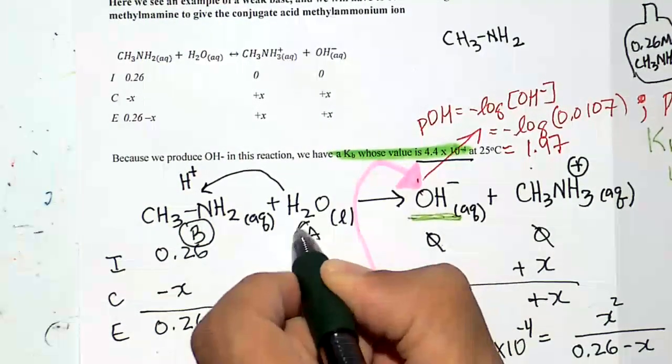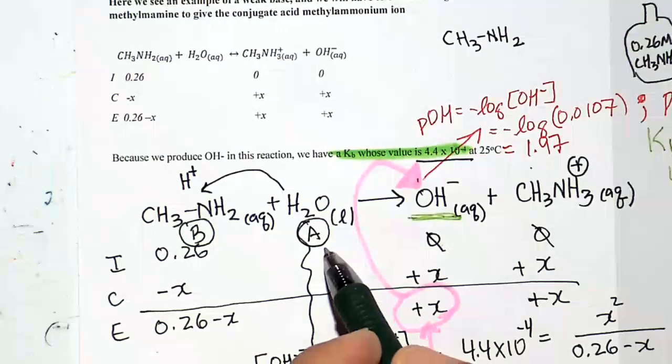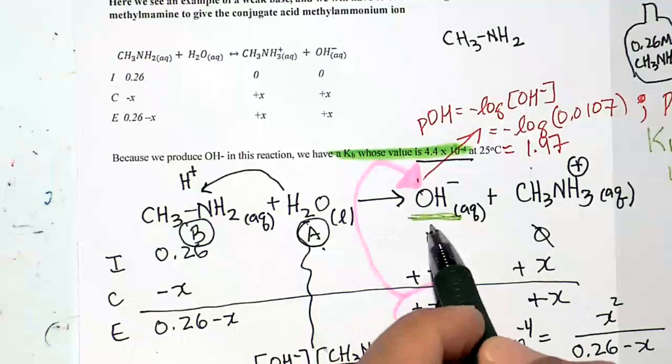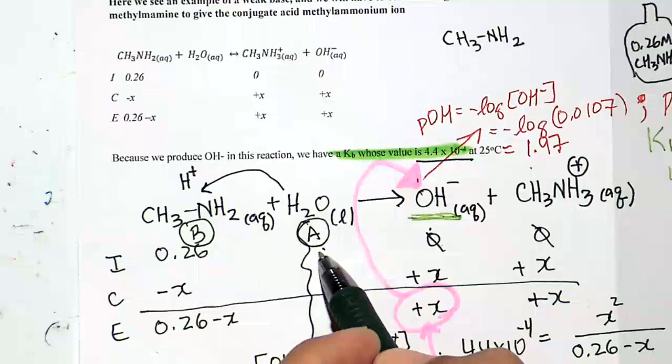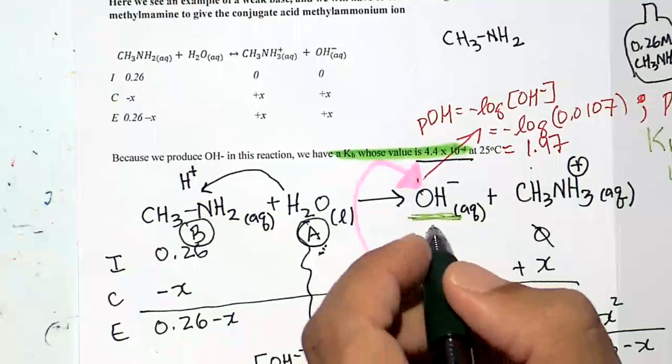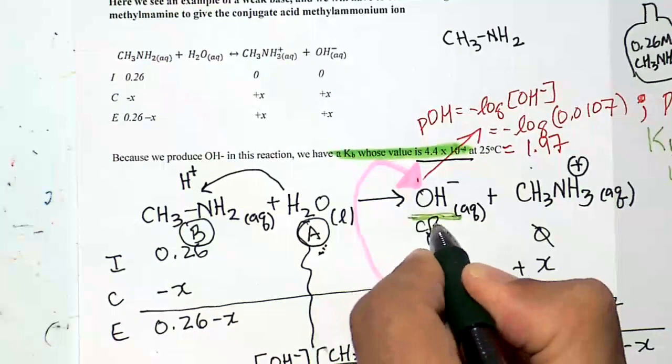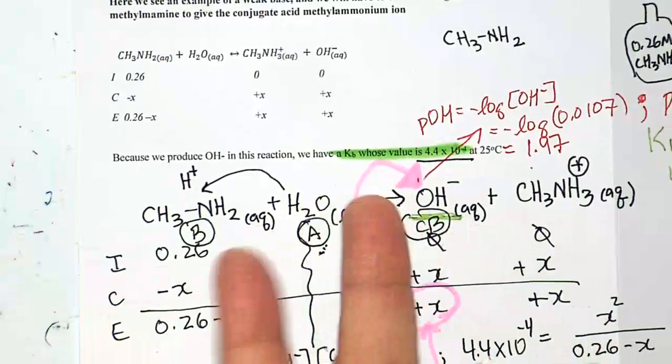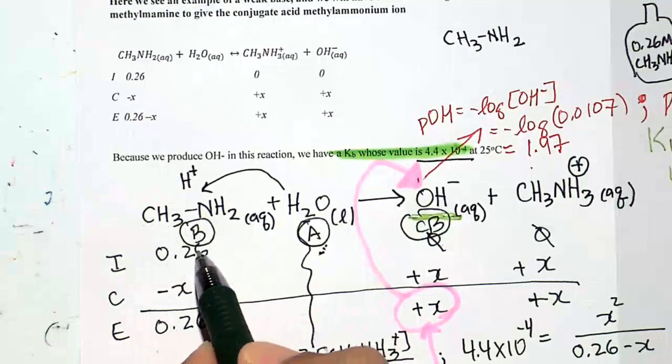What's the conjugate base to this acid, water? This is the acid. It gives up the H plus, which is what acids do. So what is its conjugate? Is it this or this? OH minus. So these are conjugates of each other.